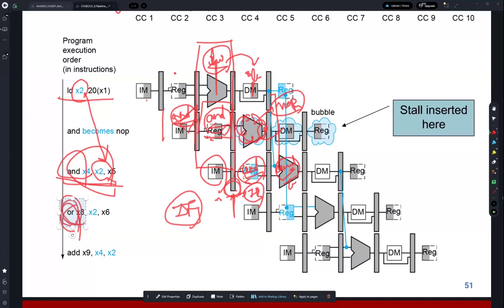Okay, and then the AND instruction stays in the ID stage, and we can make a new NOP operation. So this is the required operation for the load-use data hazard case.